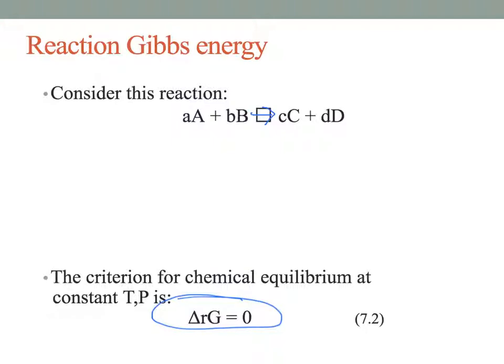We know from chapters past that anytime we're talking about a thermodynamic quantity for a reaction, be it the reaction enthalpy, the reaction entropy, etc., we're talking about the value of the overall reaction for that particular quantity.